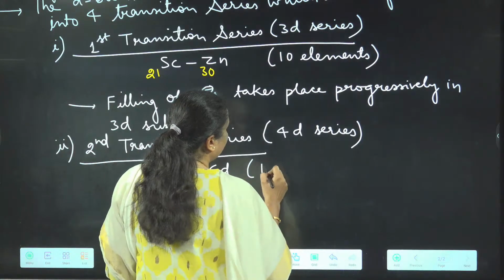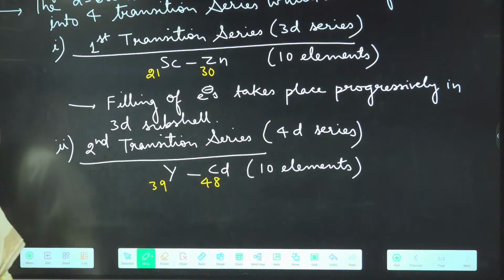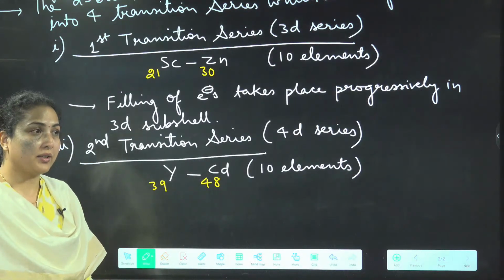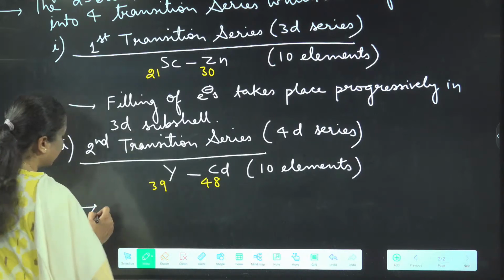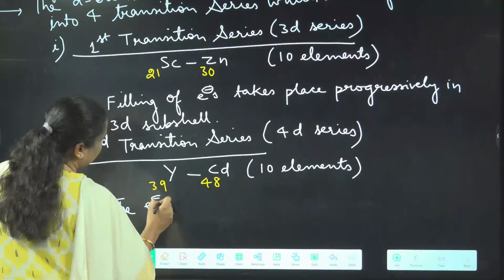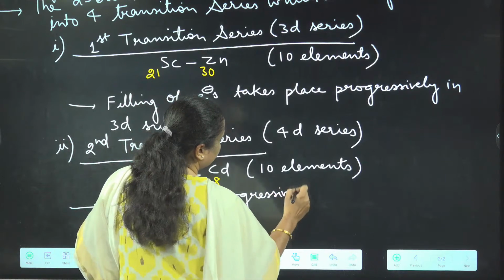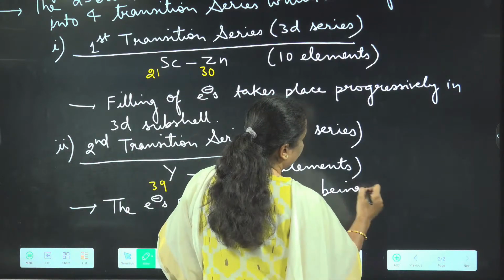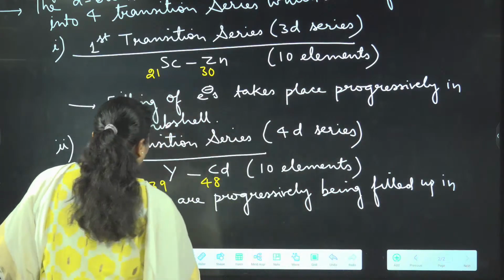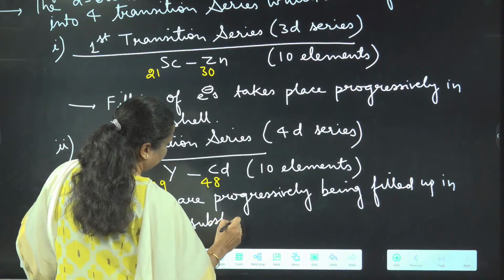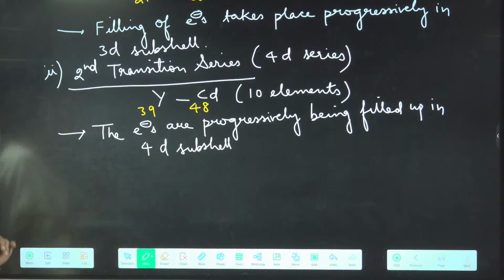And here also there are 10 elements in this series. It is known as 4D series. Reason being, yes, very good. Many of you could even say why. Because the electrons are progressively getting filled up in 4D subshell. Okay. So we can say the electrons are progressively being filled up in 4D subshell. Okay. I hope people are able to write.